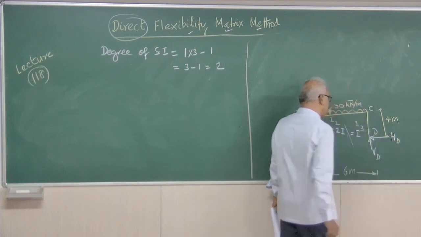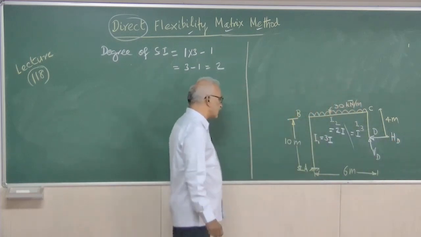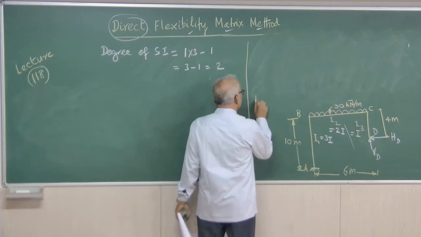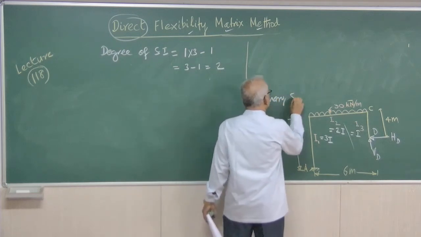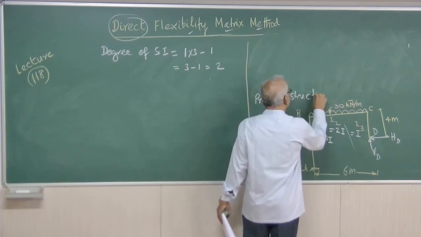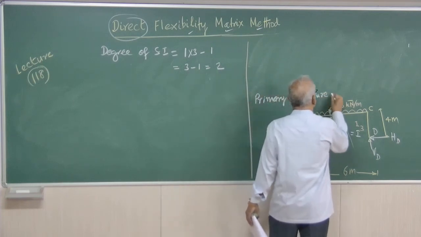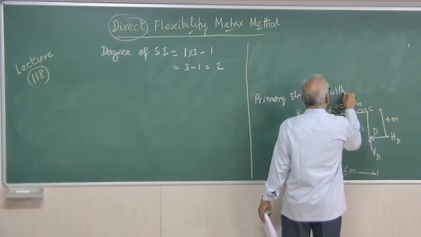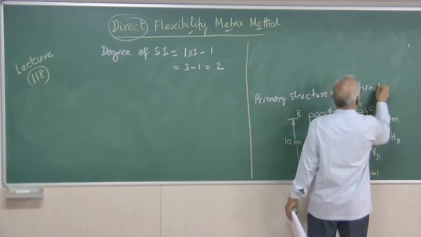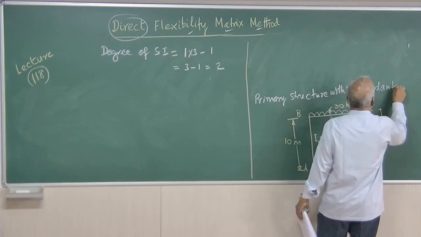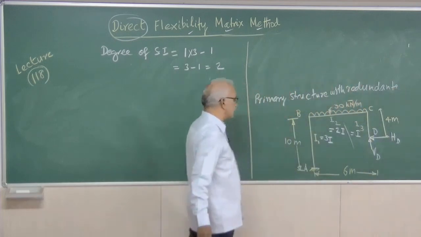Now we just have the original structure. So this is the primary structure with redundants.